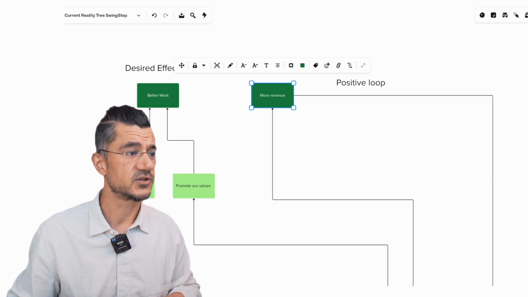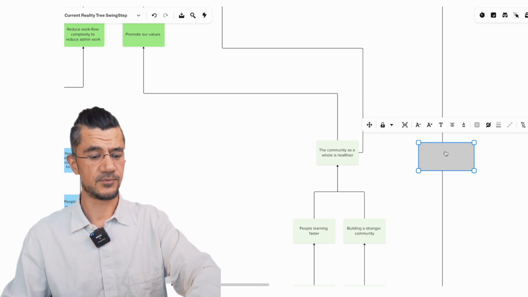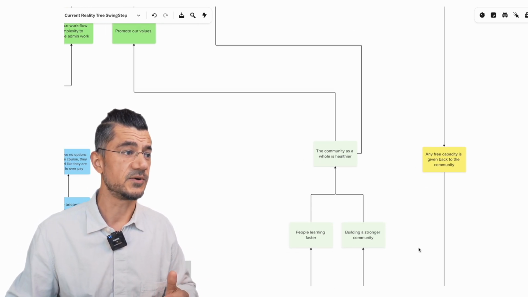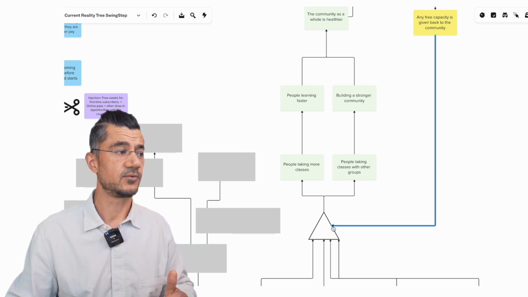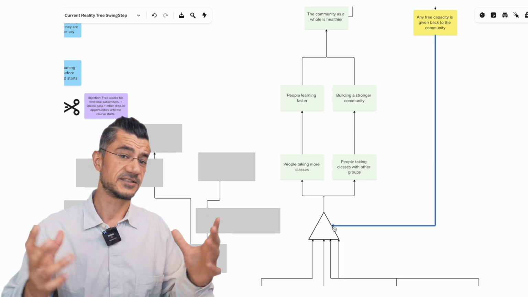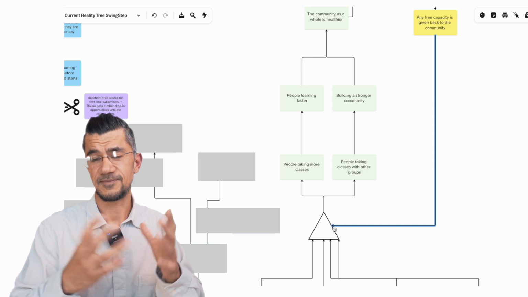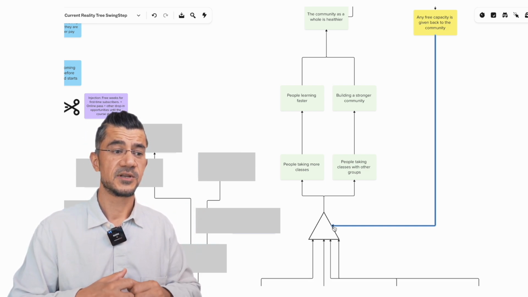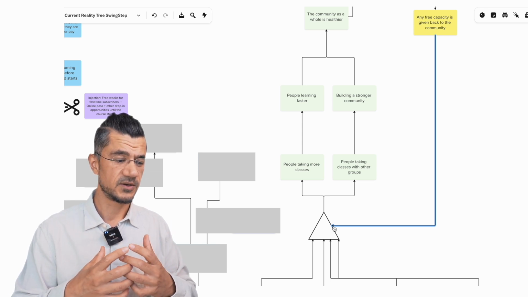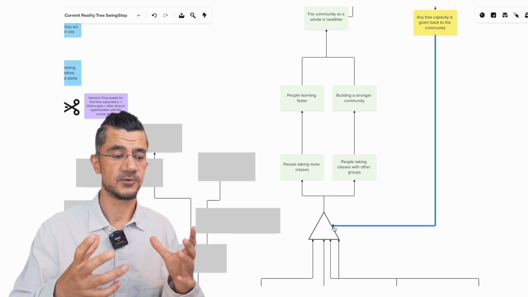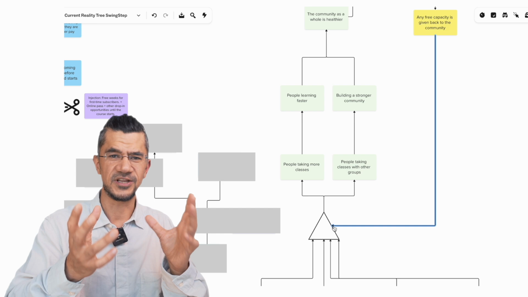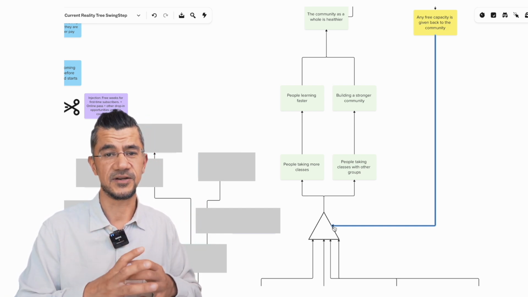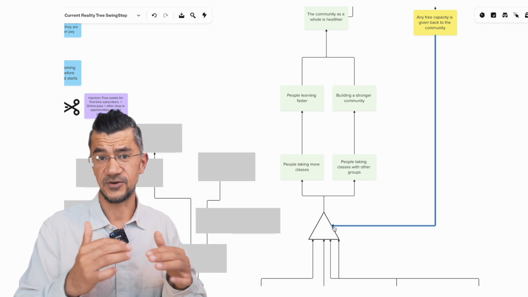And that on its own opened up a great opportunity for a positive reinforcing loop, because we basically could let people take as many classes as they could as long as we had capacity. So that became a policy that we introduced, where we say, with the membership, we try to hold ourselves accountable to give you 1.3 classes or courses, as we calculated in terms of minimum value exchange.